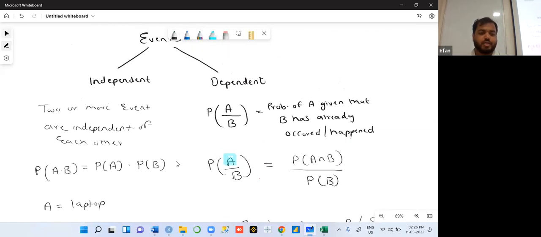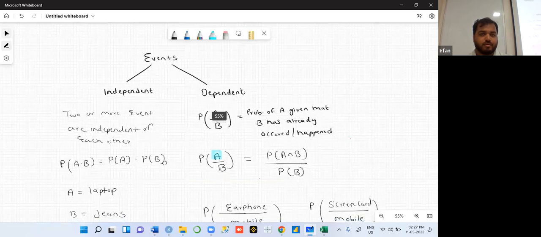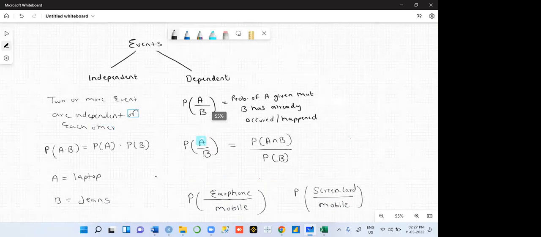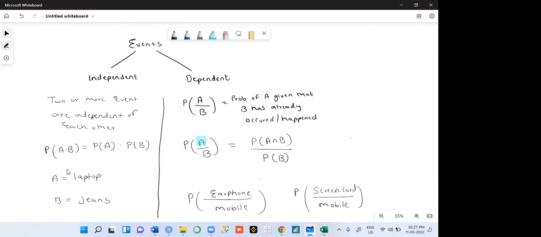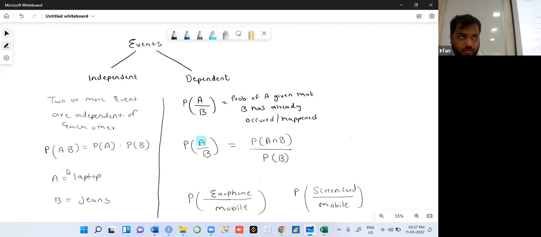Write this for your example, guys. सर आप एक बार इंडिपेंडेंट का बोलिए ना प्लीज. Let's say probability of first thing, two events. Probability of going for a vacation, okay, and probability of buying a laptop.